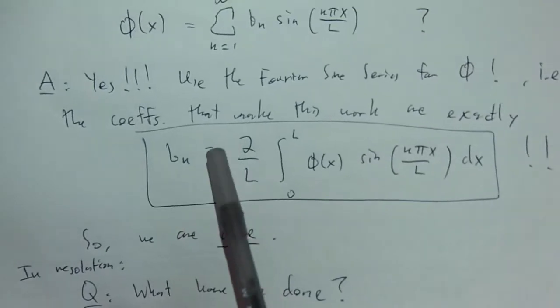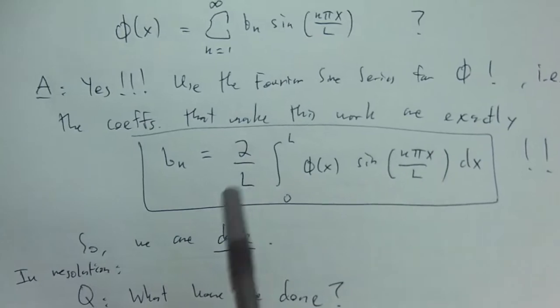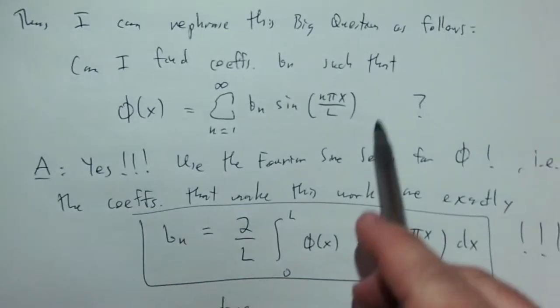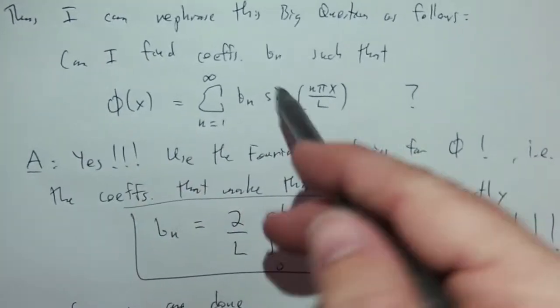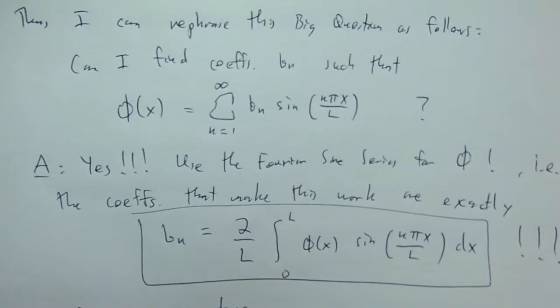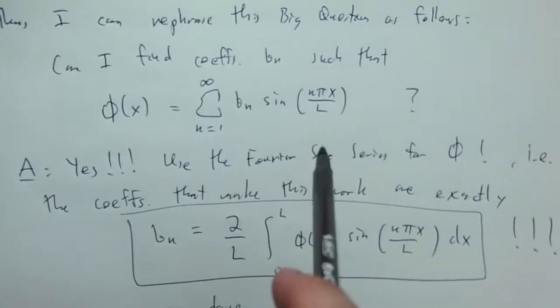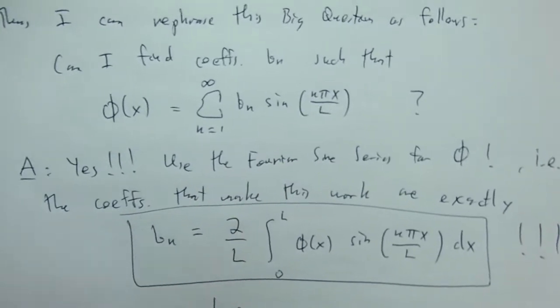And we just concluded that, yes, we can do this if the b sub n are the coefficients defined by this Fourier sine series formula for phi. It turns out this question is answered exactly by these, where this question is the first question we asked when we defined Fourier series. It was whether or not I could take a function and write it as an infinite linear combination of sines, for instance.